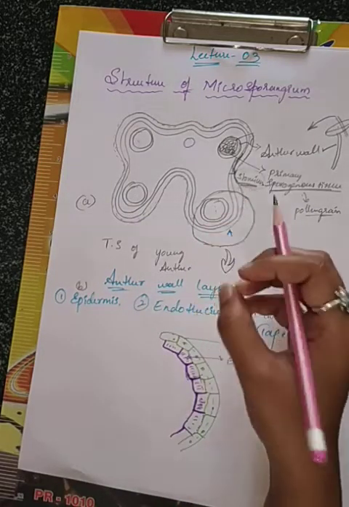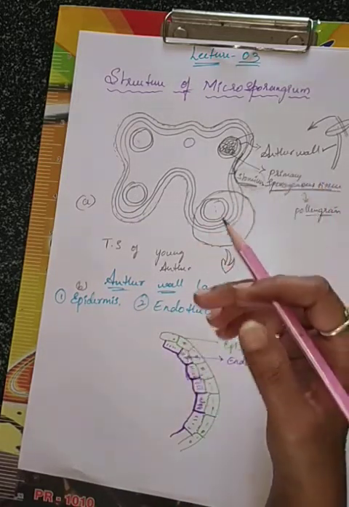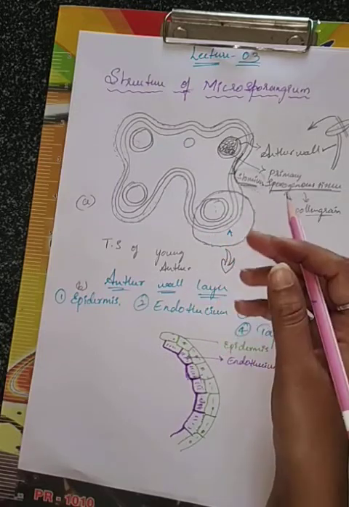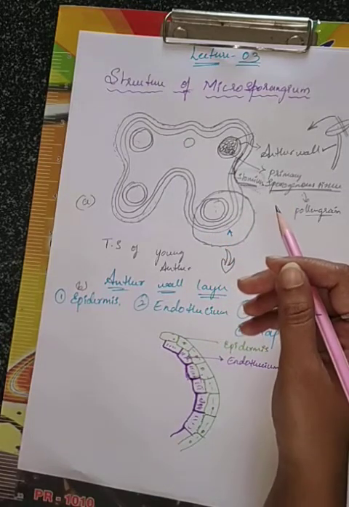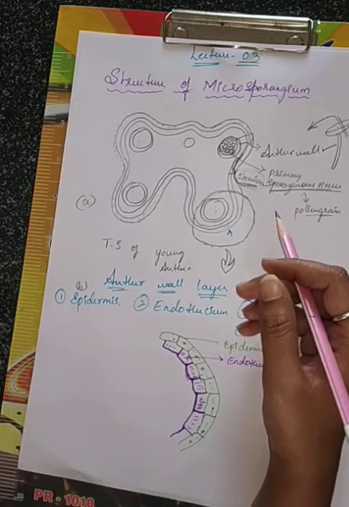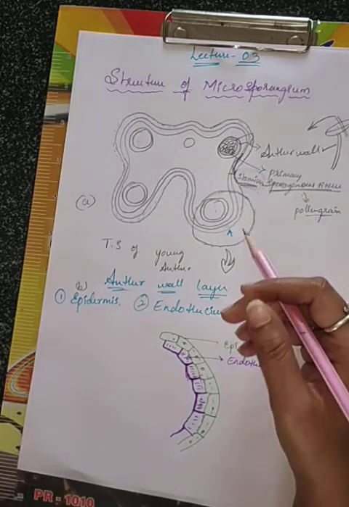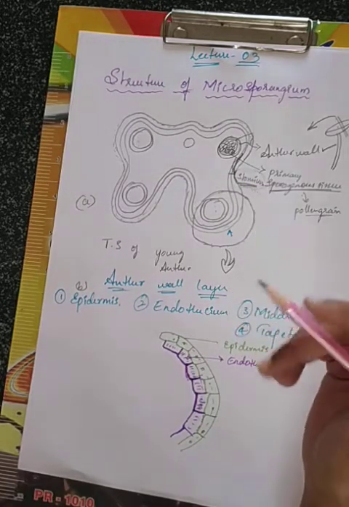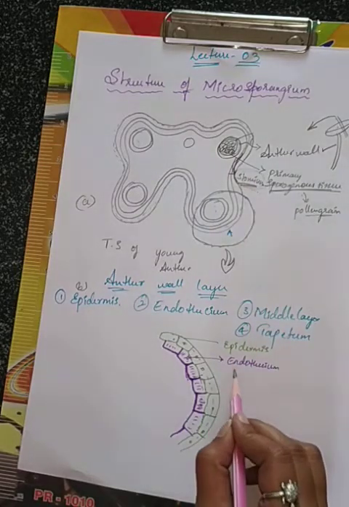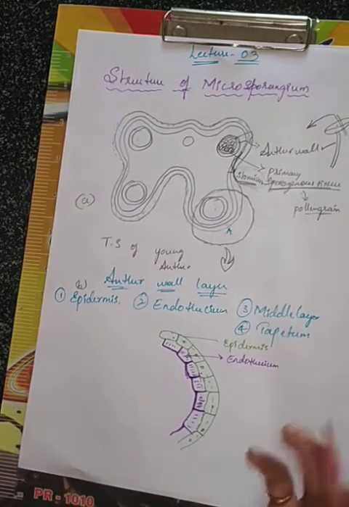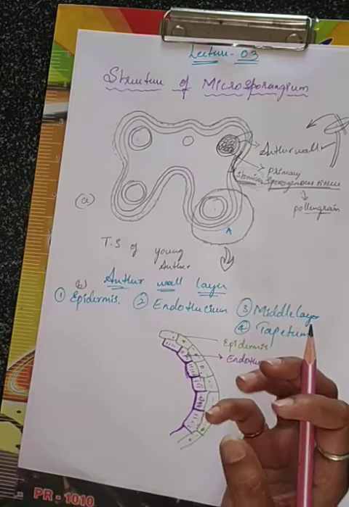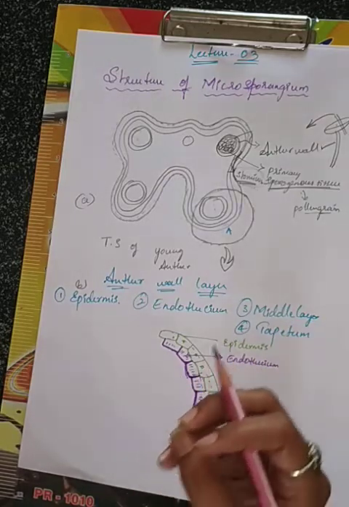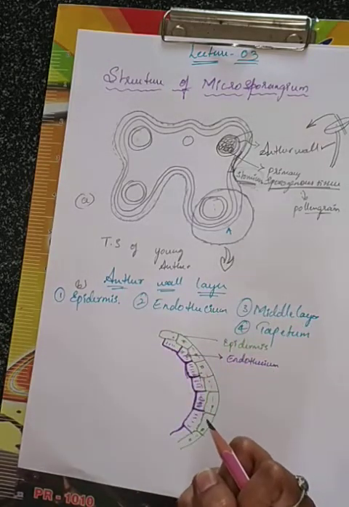Because to help in the dehiscence of the anther, it takes place only from these places. Endothecium becomes hygroscopic in nature. Hygroscopic in the sense what, children? They tend to absorb moisture from the air.